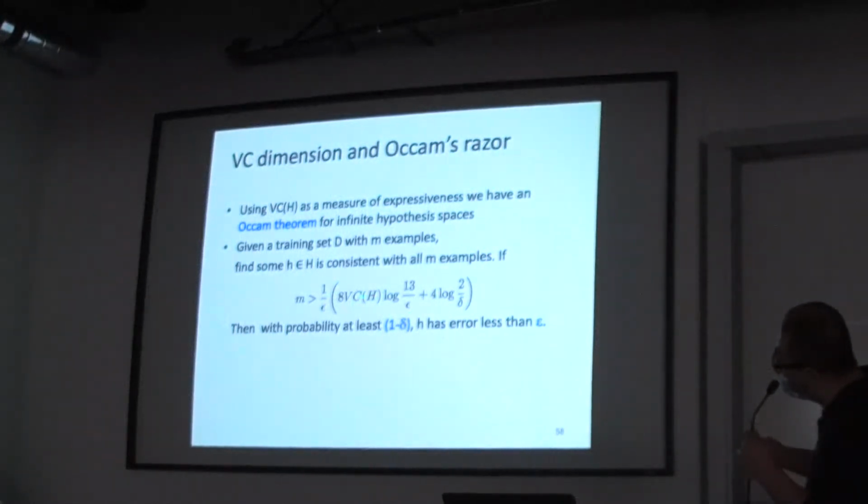And also you can see that the sample complexity bound is proportional to the VC dimension. So this is almost the same as our previous sample complexity bound.